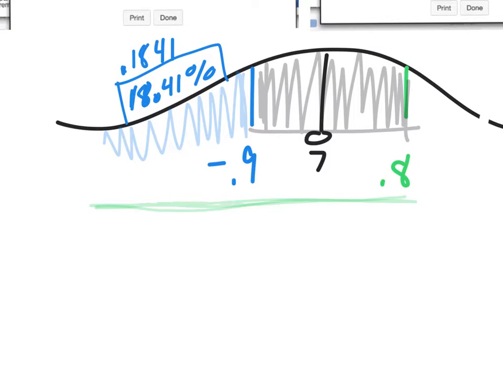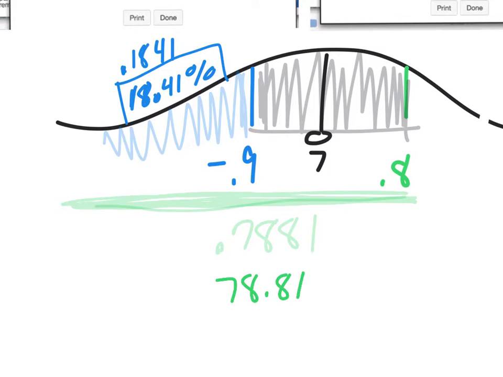Again, the z-score table tells you the area under the curve to the left of that z-score. So that is telling you that 0.7881, or in other words, 78.81% of the people that called into the call center had a wait time that was less than that 7.8 minutes that is associated with that z-score.